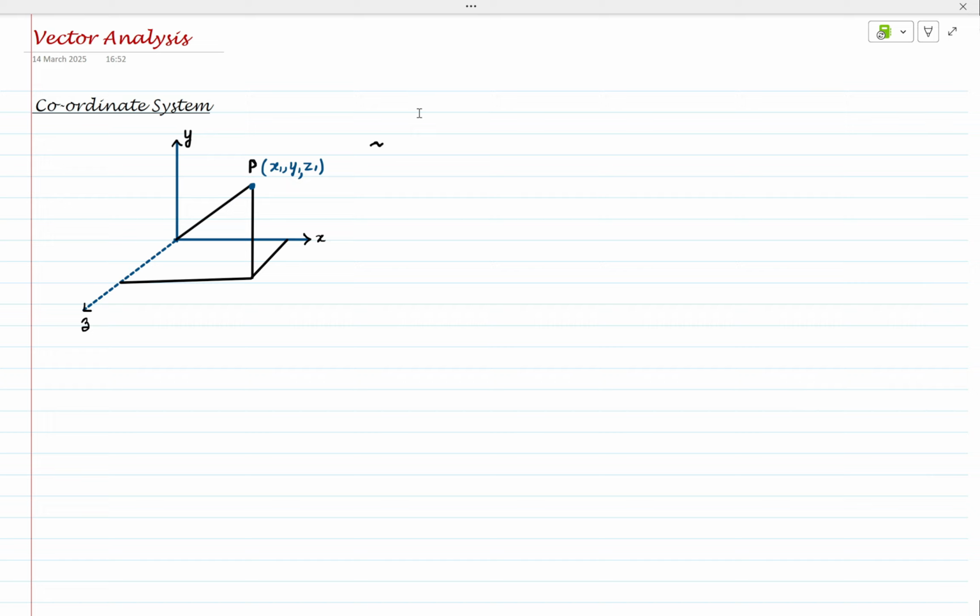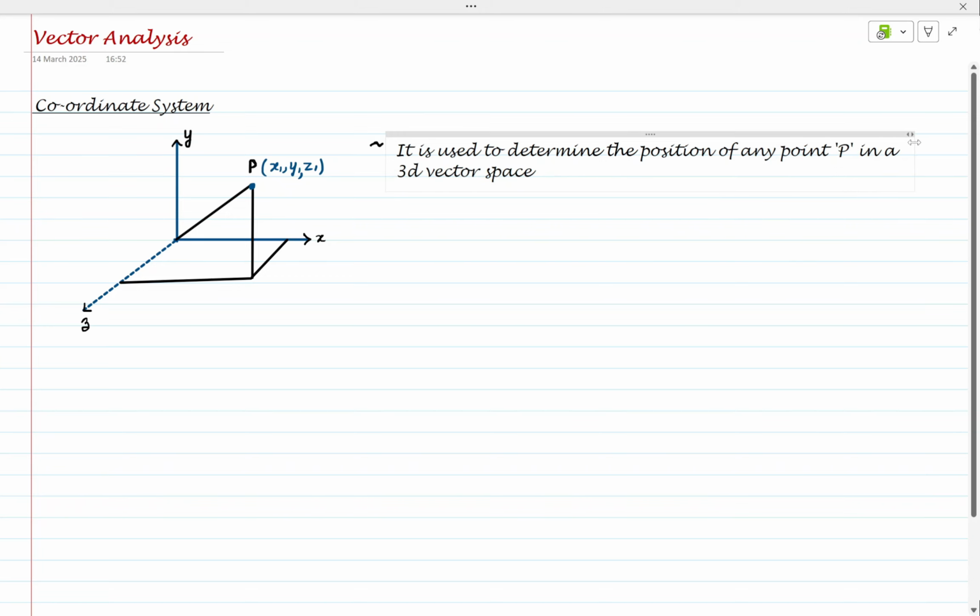So what is the definition of the coordinate system? It is used to determine the position of any point P in a three-dimensional, I will not say plane here. Basically, in electromagnetic theory, the word plane is vector space, three-dimensional vector space. That is the definition of the coordinate system.